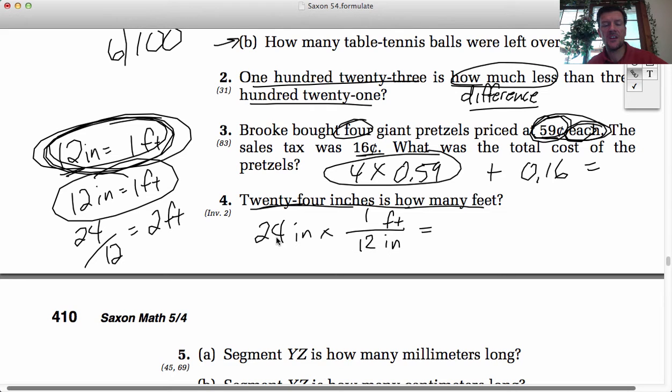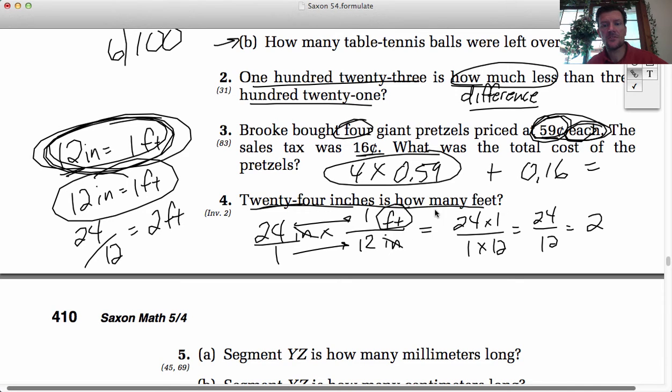So that shows me that I'm going to take 24 inches, or 24 over 1, and if I multiply this straight across, it's 24 times 1, 1 times 12, and it's really going to be just 24 divided by 12, because 24 times 1 is 24, 1 times 12 is 12, 24 divided by 12 is 2, and since the units of inches cancel, your units now are feet.